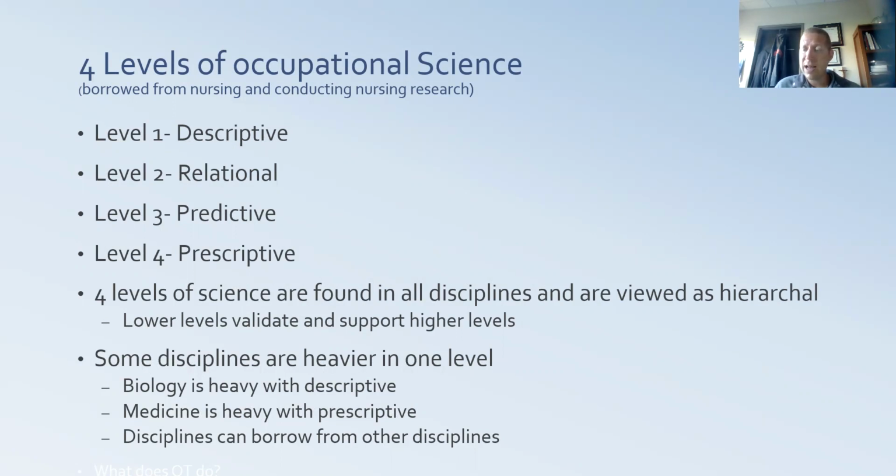So they can be viewed as hierarchical, meaning that level 1, descriptive, is just very, very basic. Okay, it's describing, in our case, those occupations. Okay, what are they? Little bit stronger level of evidence, level 2 would be relational. What builds on that and is a stronger yet level is predictive.